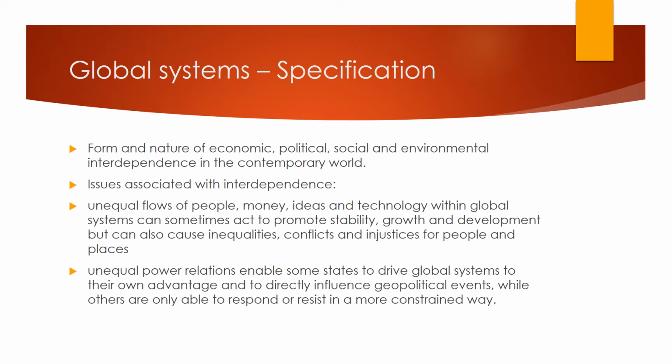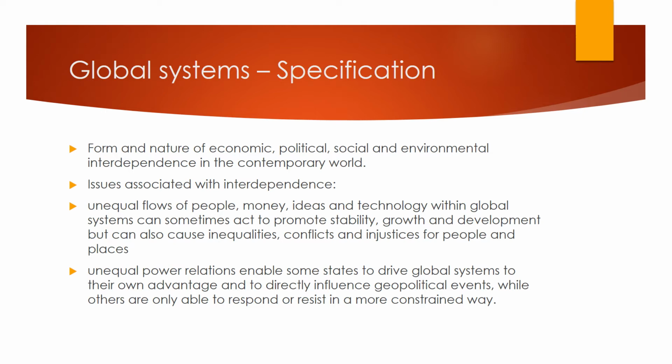Unequal flows of people, money, ideas and technology within global systems can sometimes act to promote stability, growth and development, but it can also cause inequalities, conflicts and injustices for people and places. And lastly, unequal power relations enable some states to drive global systems to their own advantage and to directly influence geopolitical events, while others are only able to respond or resist in a more constrained way.